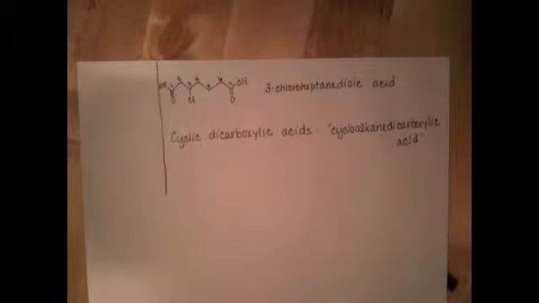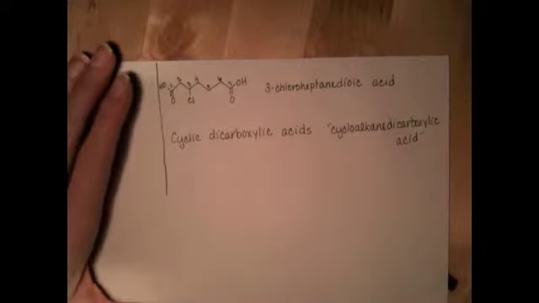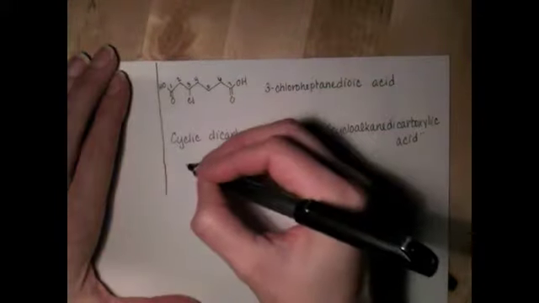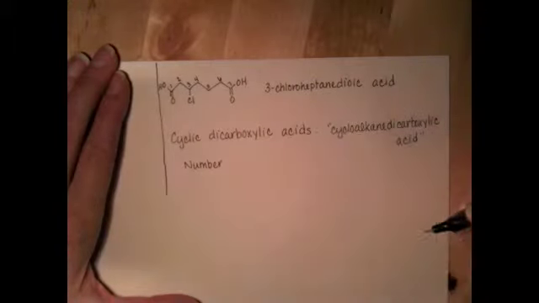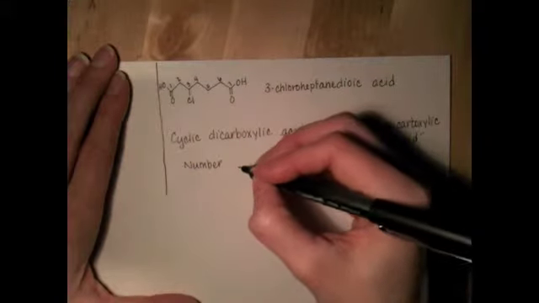And with the cyclics, we're just going to number to give the lowest possible numbers to the 2 carboxyl groups, and then of secondary importance would be to number to give the other substituents low numbers.